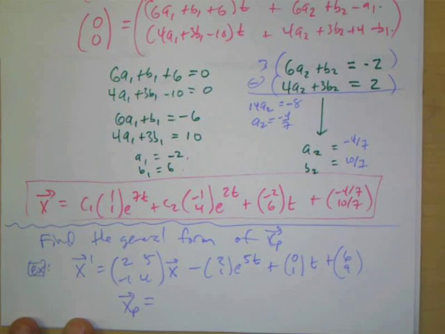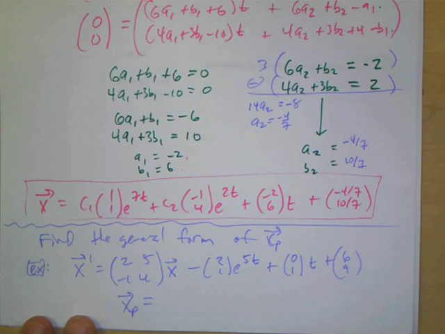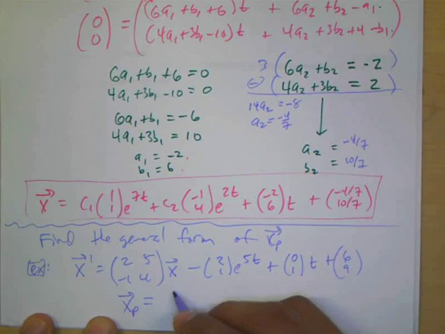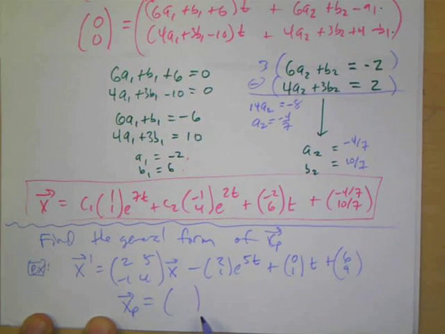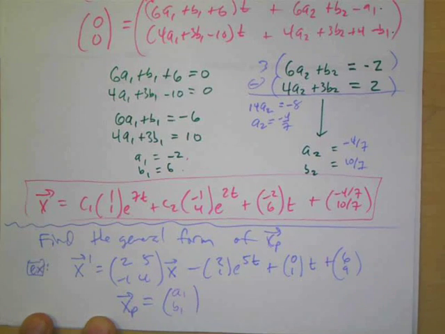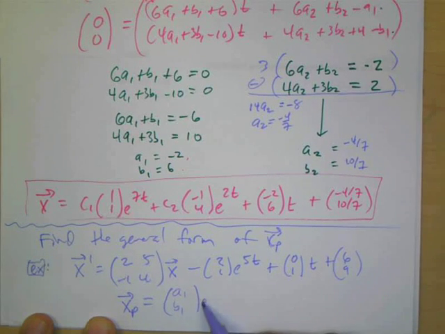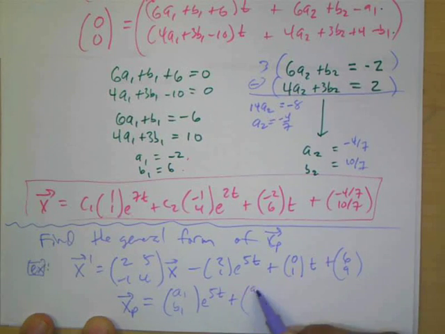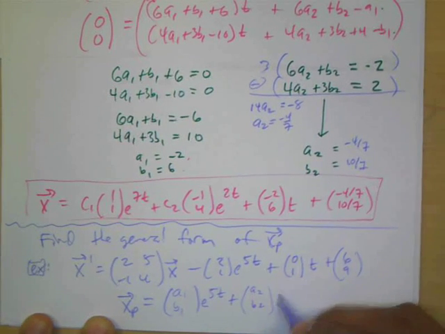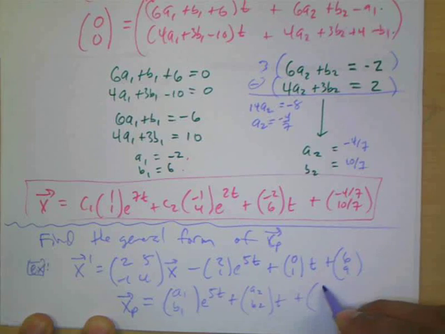How many matrices would the particular have? The first one would be (a1, b1) times e to the 5t, and then (a2, b2) times t, and a constant matrix.